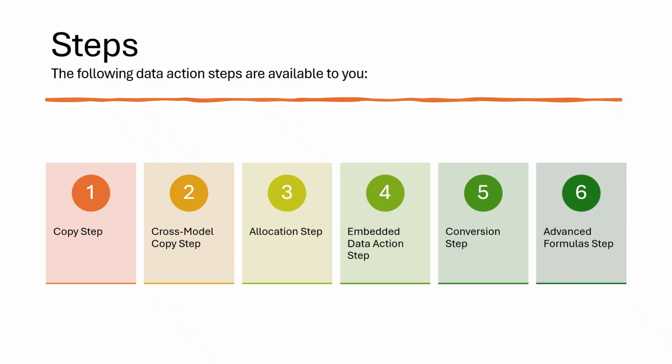Now, the copy step. In the copy step, you copy one version of data to another version, and you can add different filters related to date and time, account, and entity. The scope of this copy step is within one model only. So on whichever model you are working, the copy step's scope is limited to that one model.